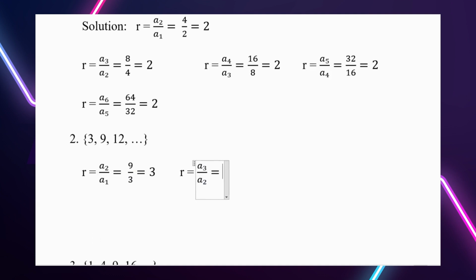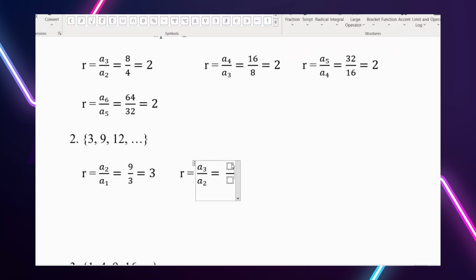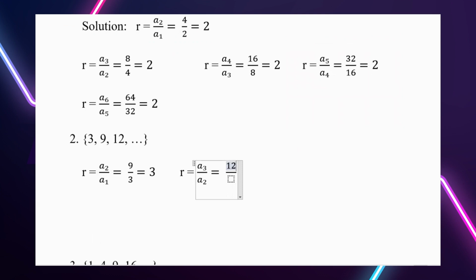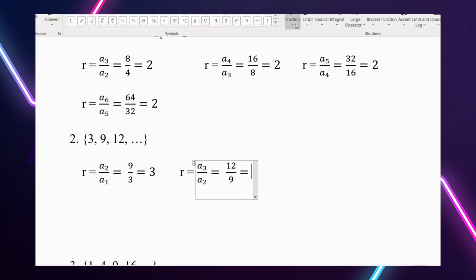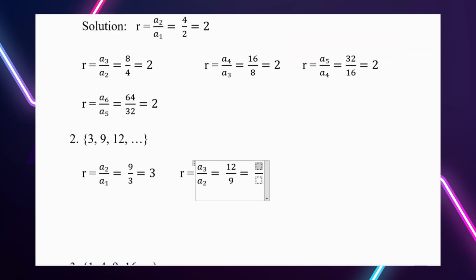So, the value of a sub 3 is 12. And a sub 2 is 9. So, when we divide the value of a sub 3 by 9, which is 12 divided by 9, it is 4 over 3.